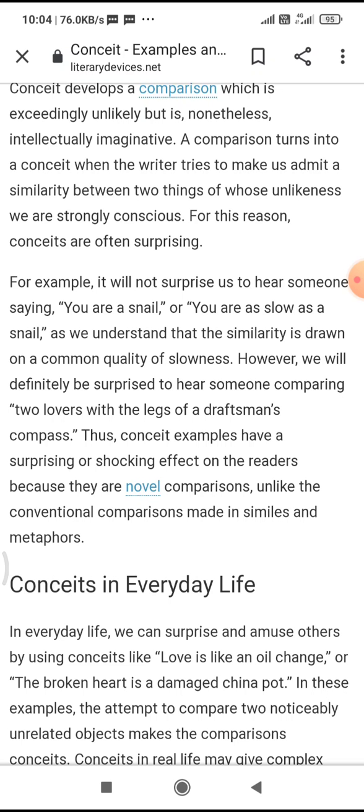This is the reason conceits often surprise us, because we know they are entirely different things that can't be compared at any cost, but still they are compared and made us think that there are some similarities between them. So, conceit is a strange kind of comparison.